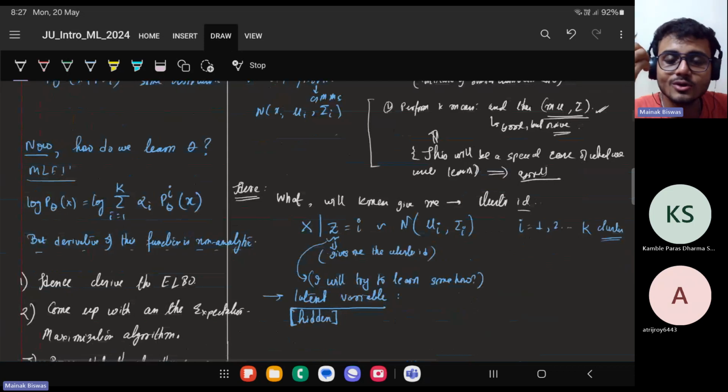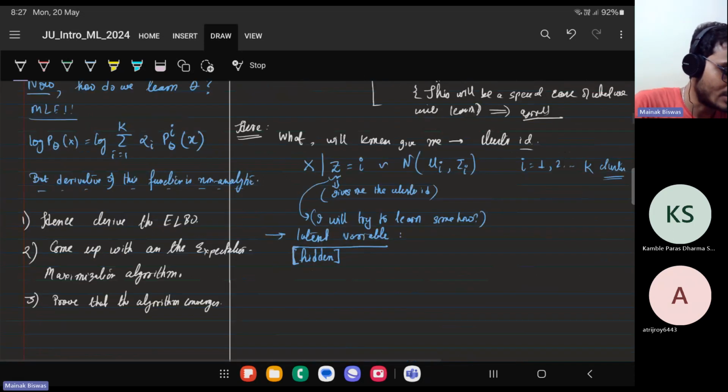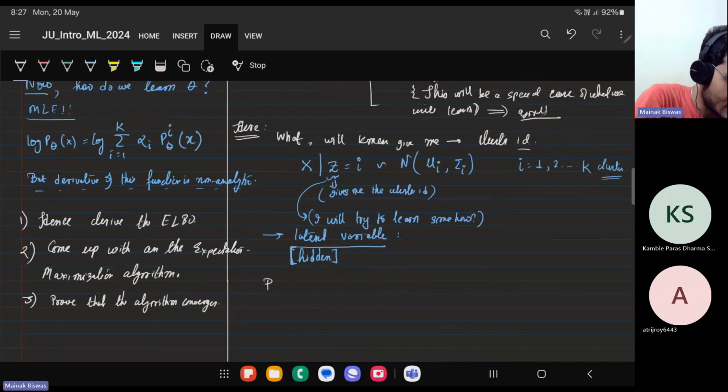So now how do you learn this latent variable? Not a very difficult idea. What is the end goal? It is to learn p theta of x, or do MLE. That is theta star.